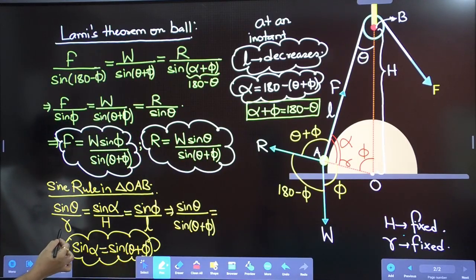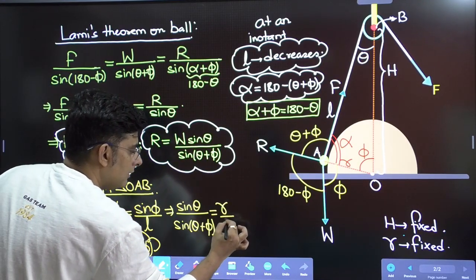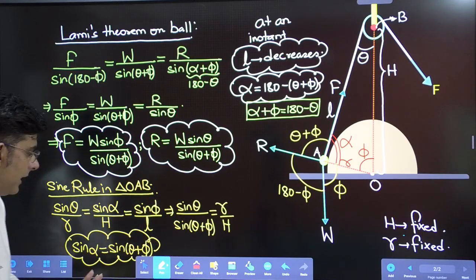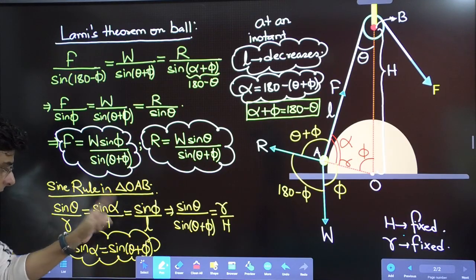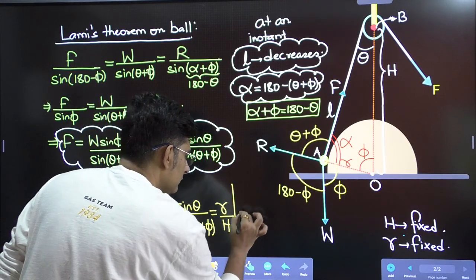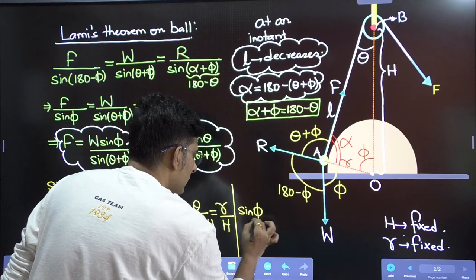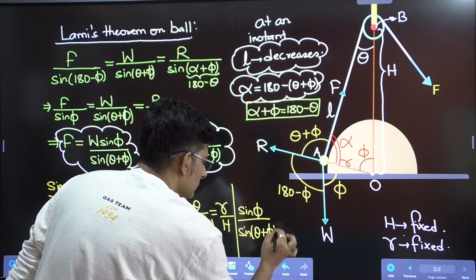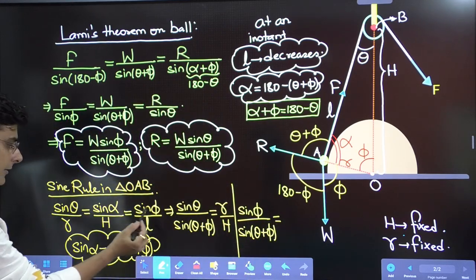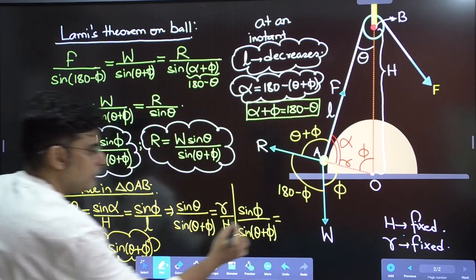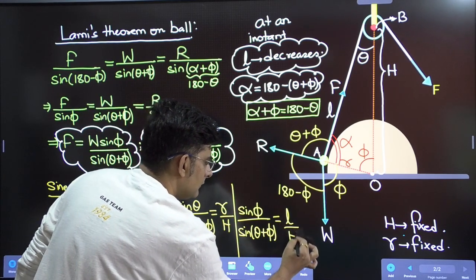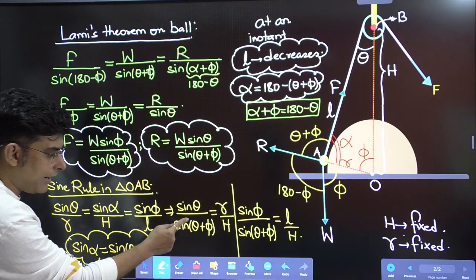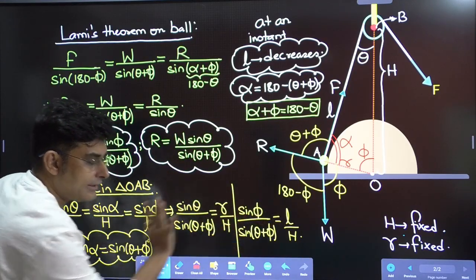Sine theta by sine theta plus phi is R by H. And similarly sine phi by sine theta plus phi, this will become how much? Sine phi by sine theta plus phi will become L by H. That's it. Now can you see sine phi by sine theta plus phi is L by H.